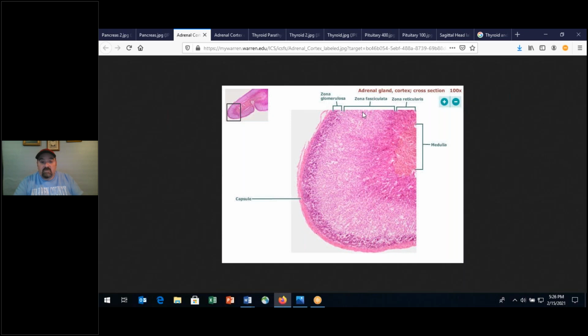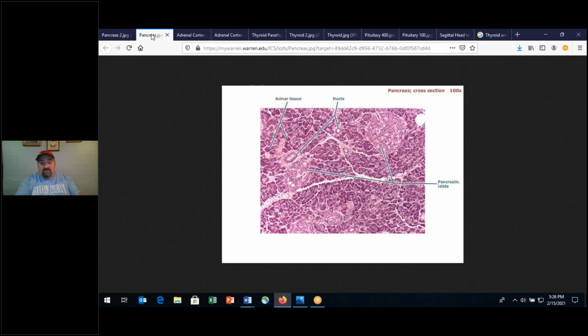Okay, so that's the adrenal glands. They sit on the superior poles, the superior aspect of the kidneys, bilateral. And lastly, as far as the tissue, we have pancreatic tissue. Now, pancreatic tissue is primarily going to be exocrine tissue.